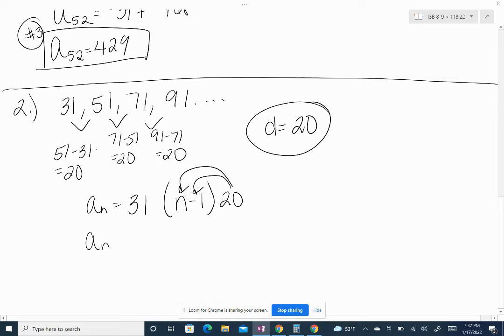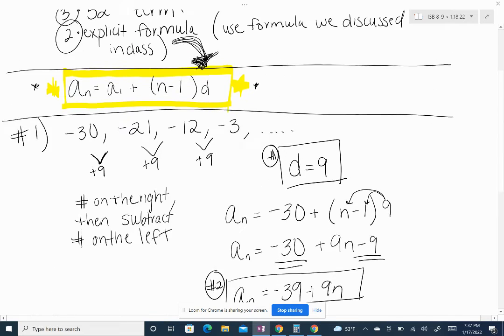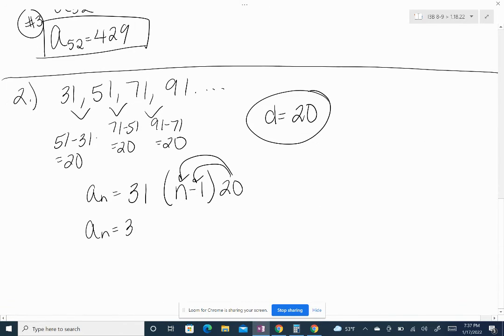And then we're going to get A of n equals 31 plus 20n minus 20. Same thing as before, we can combine our constants together.